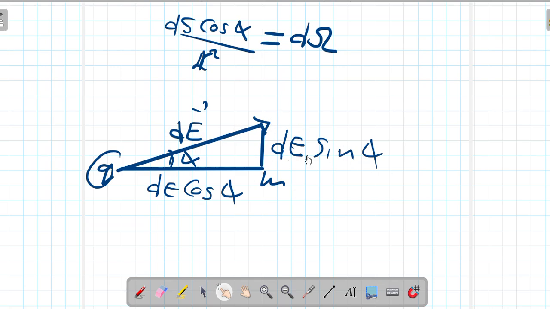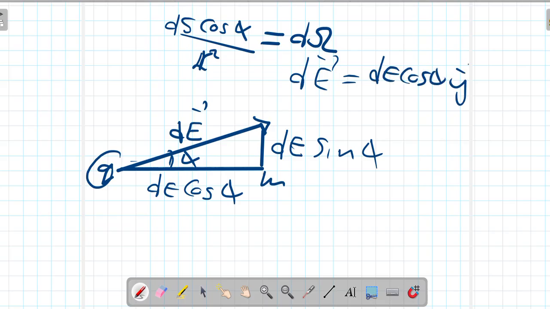This is the z component, and this is the y component. So dE can be decomposed into two components: dE cos alpha in the y direction plus dE sine alpha in the z direction.